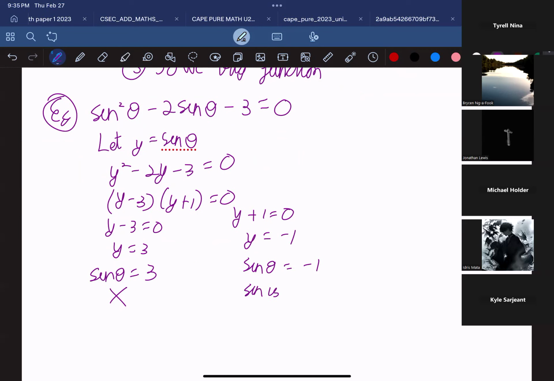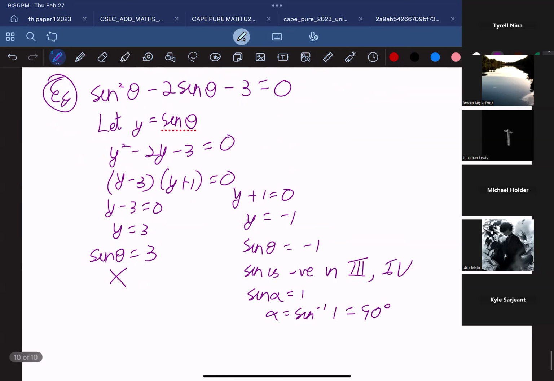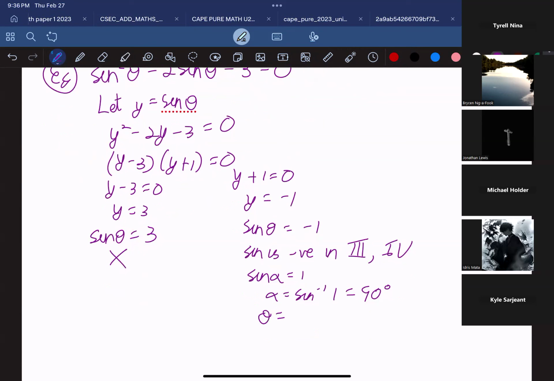Sine is negative in quadrants 3 and 4. So sine alpha is 1, alpha is sine inverse 1, which is 90 degrees. So theta is 180 plus 90, or 360 minus 90, which is 270 degrees.